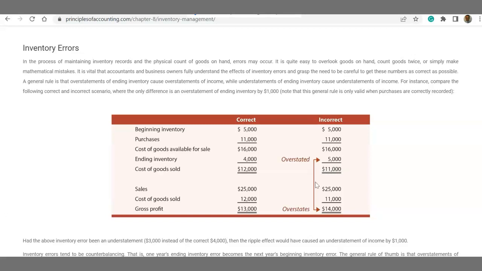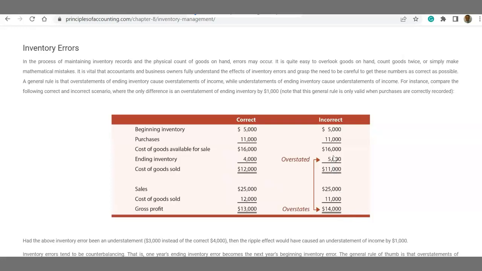And if the cost of goods sold is understated in the income statement, that means your profit is overstated. So if you overstate your ending inventory, you can easily overstate your profit in your income statement.